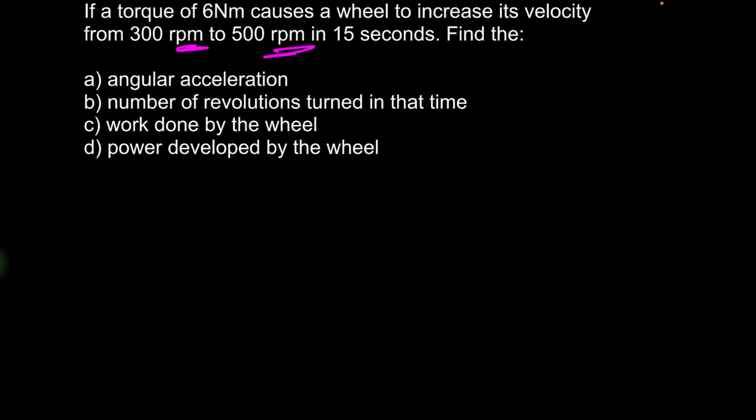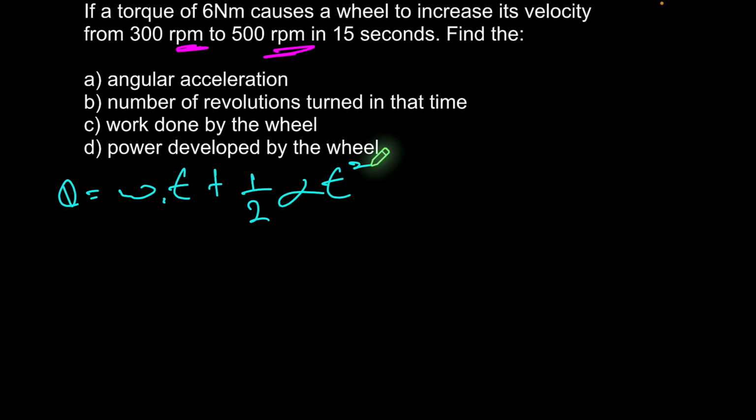And we have two options here really. We can use our typical SUVAT formula: theta equals omega 1 times time, plus half the angular acceleration that we just found times time squared.